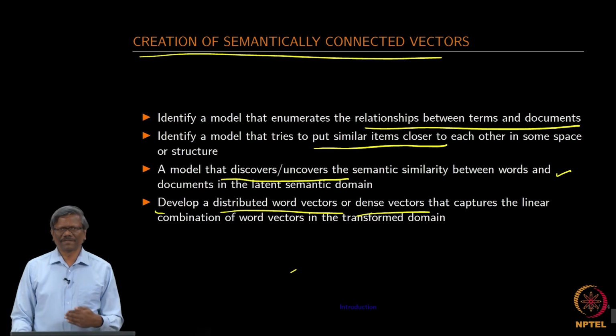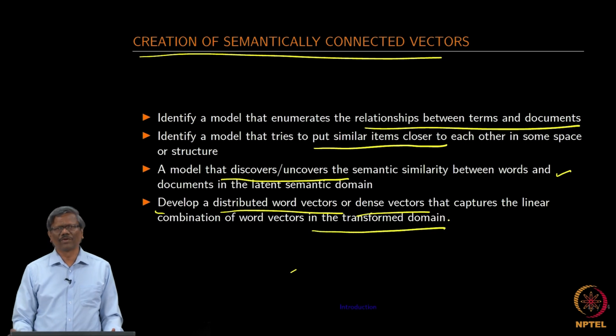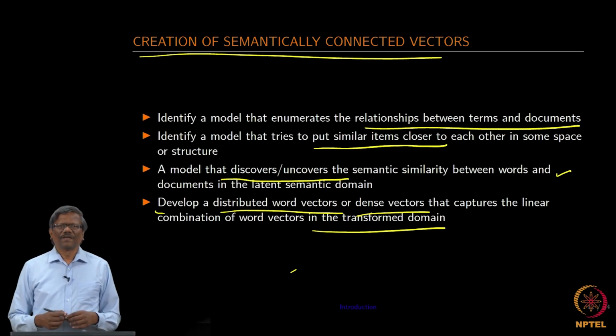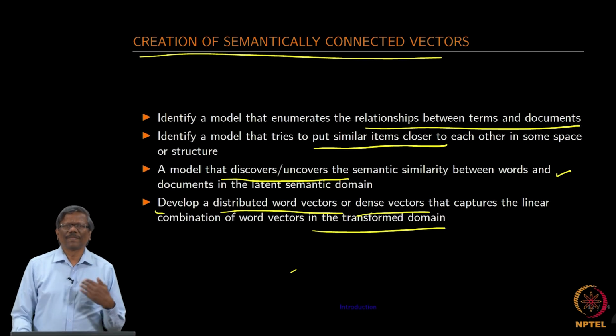If we do these kinds of operations, we will be able to get into the transform domain and then see certain latent relationships between the terms and the documents. Okay. So, thereby we are learning what the word is all about. The word will not just represent that word alone.